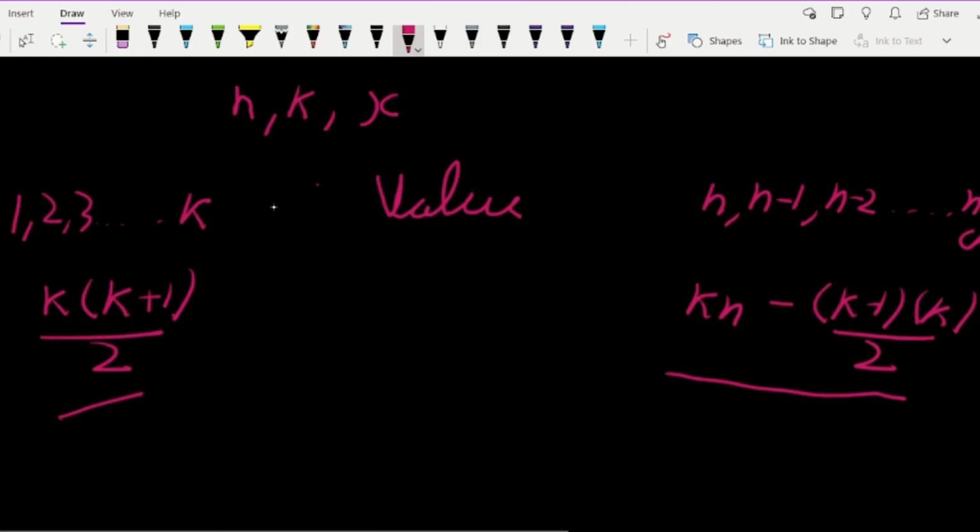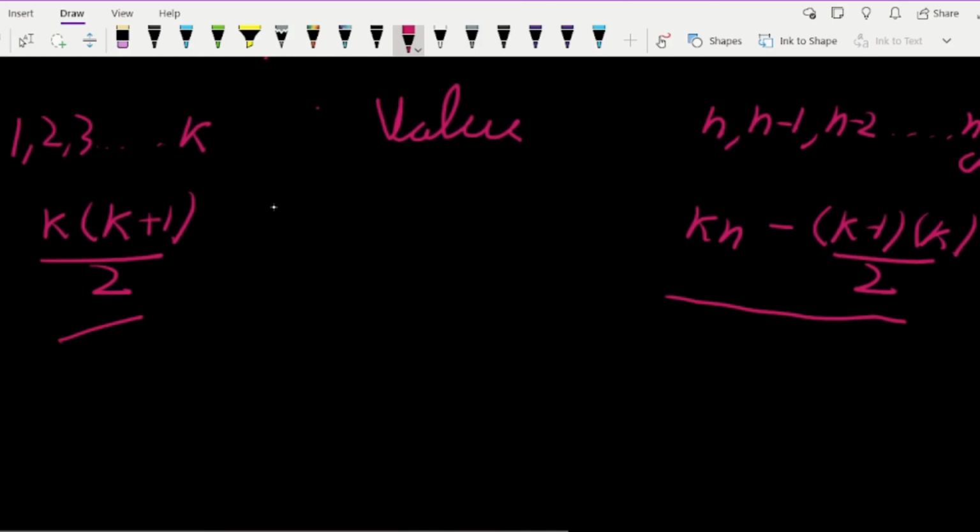The way I'm going to show you is that if I increase this k to k plus 1 and keep increasing it, extending it to the maximum value n, then at each increment the sum of the values will get incremented by 1.